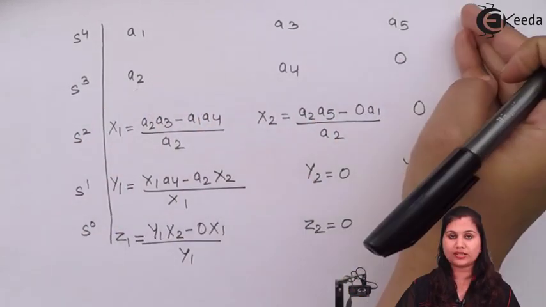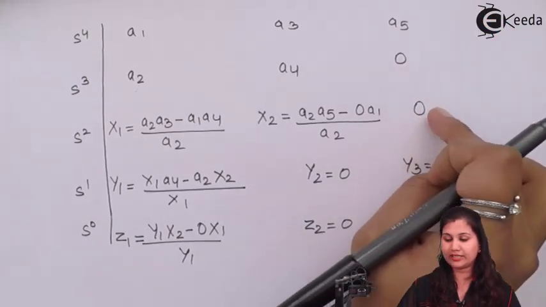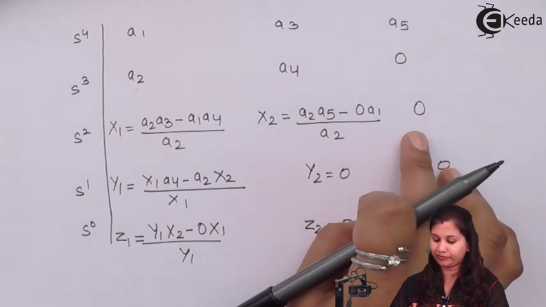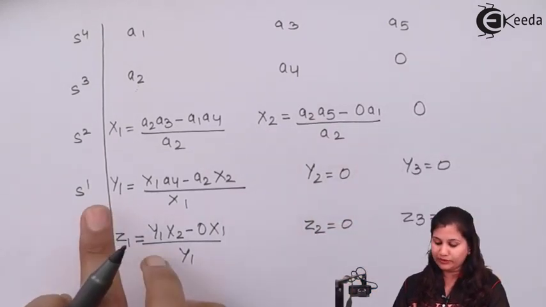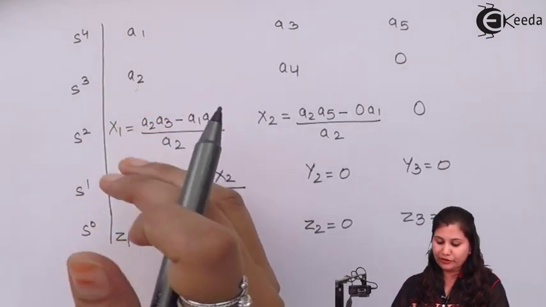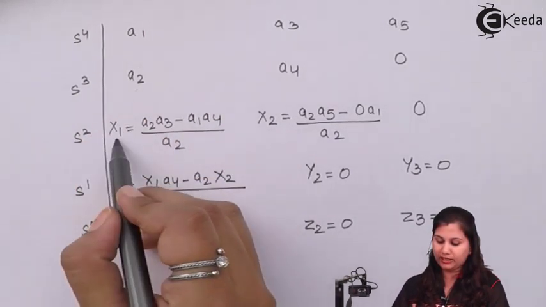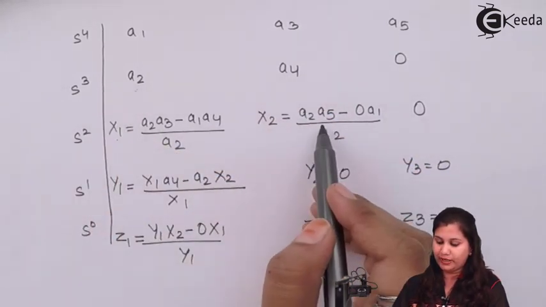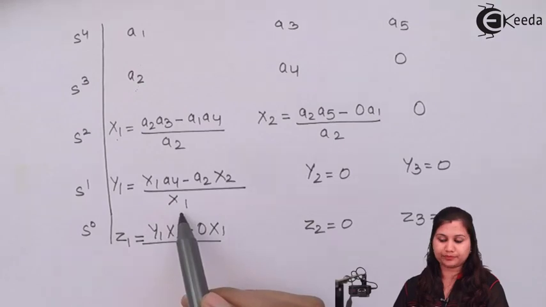Now further coefficients are not present, so we will write here 0. This coefficient is missing, so we are writing 0 here. Now y1. y1 will be determined by multiplying the coefficient just above it, x1 with a4 minus a2 with x2, divided by x1.